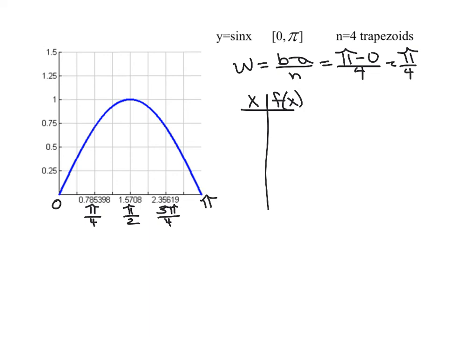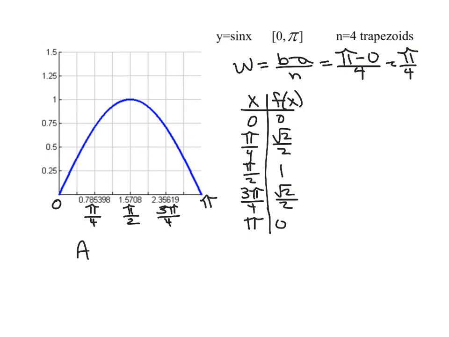So I know that I need 0, pi over 4, pi over 2, 3 pi over 4, and pi. I can clearly see that the first one and the last one are 0. I know that pi over 2 has an answer of 1. And at pi over 4, sine is radical 2 over 2, and that's also the case at 3 pi over 4, radical 2 over 2.